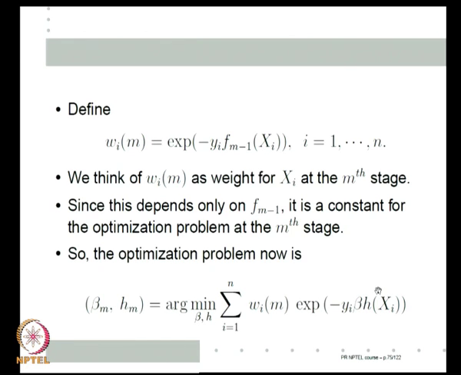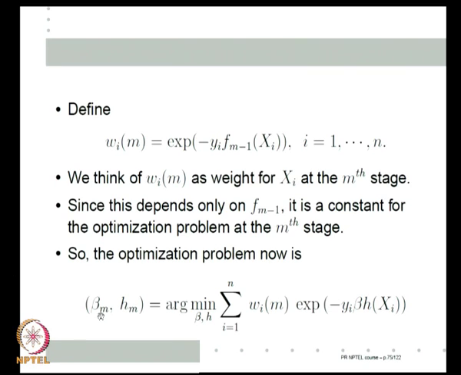So, now I can write the optimization problem effectively as: minimize over beta and h, the sum from i equal to 1 to n of w_i^m exponential of minus y_i beta h(x_i). I find the beta and h that minimize this, and those are what I call beta_m and h_m. That is what argmin means. That will be the solution for my mth stage component classifier.